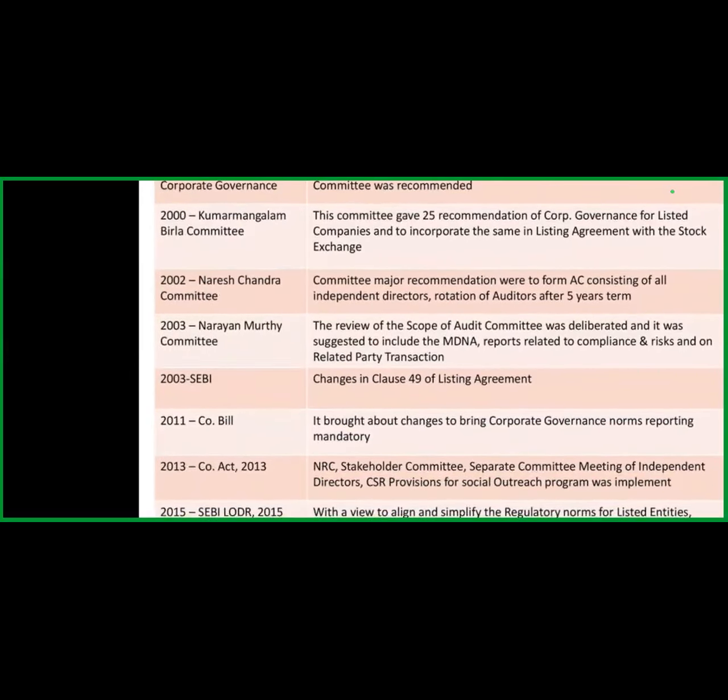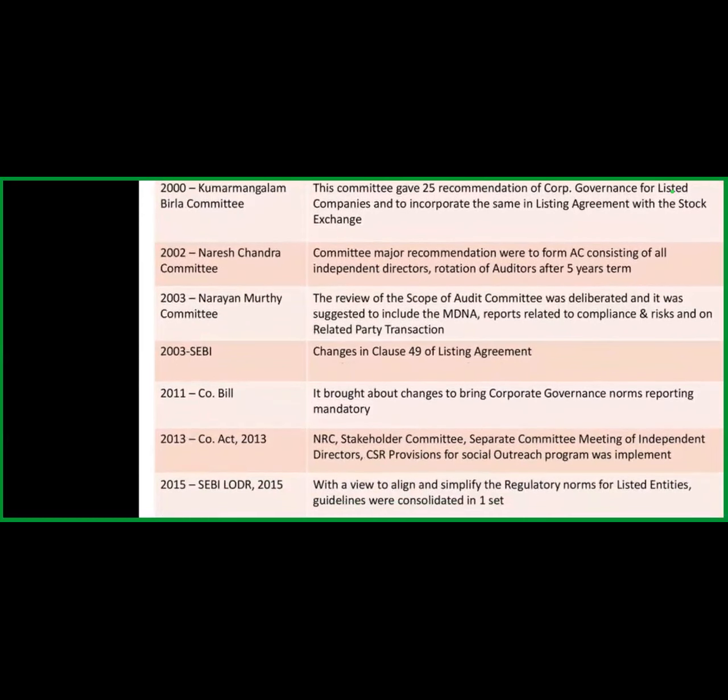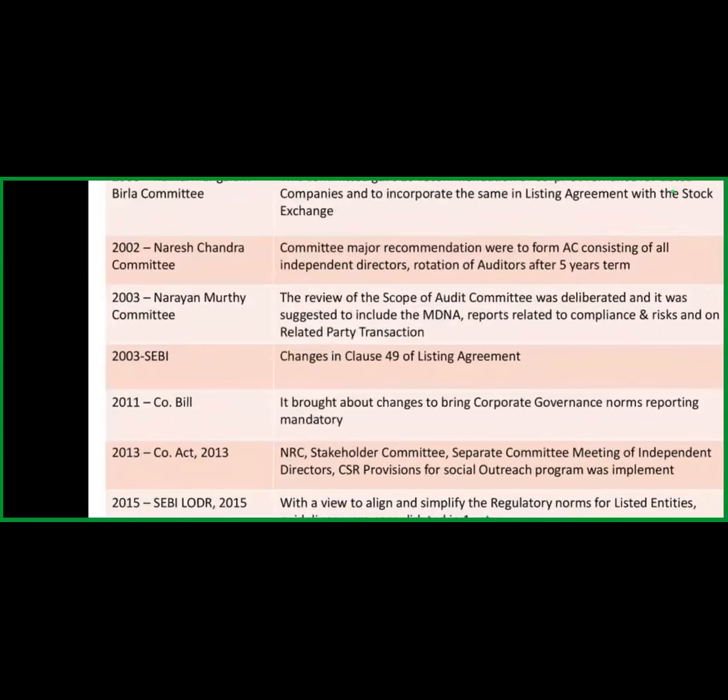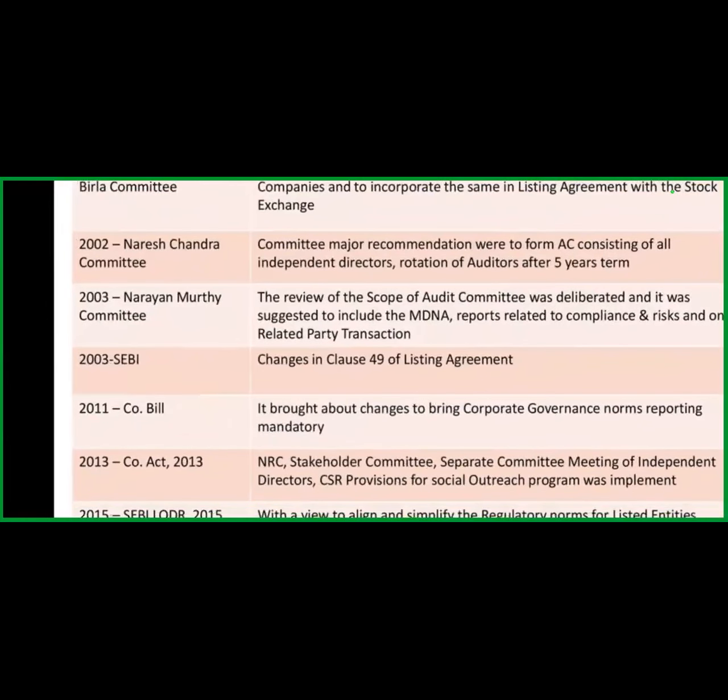Then in 2002, the Naresh Chandra committee was there. Major recommendations were: an audit committee consisting of all independent directors, rotation of auditors after 5-year terms, and compulsory auditing. Auditors should have a 5-year term, because before that it was realized that once an auditor is appointed by the company, the auditor stays with the company.